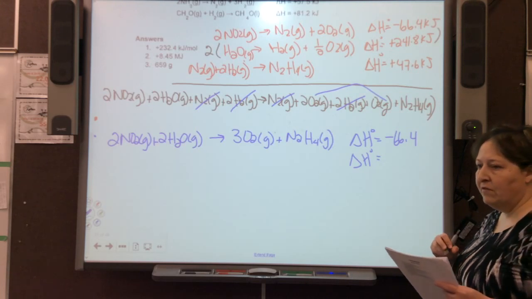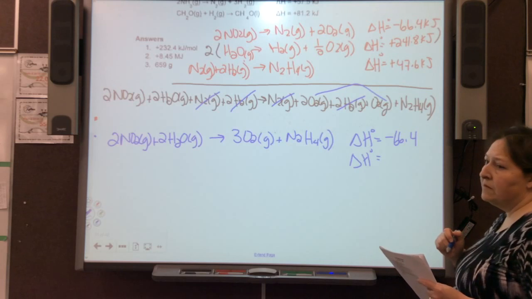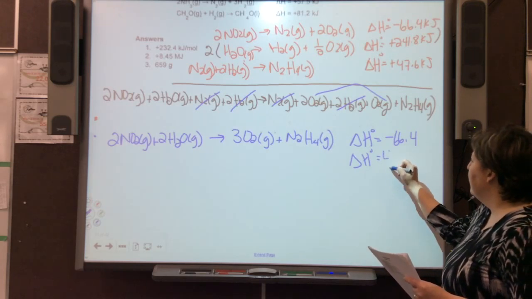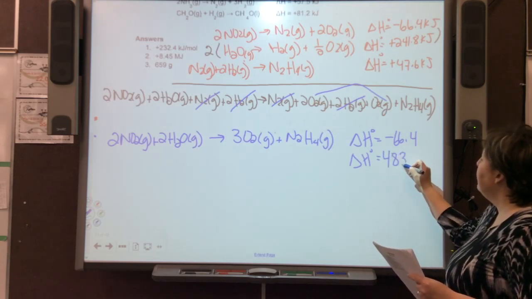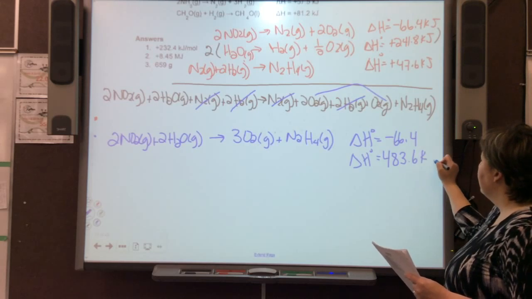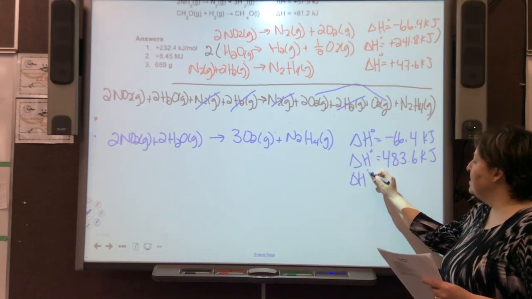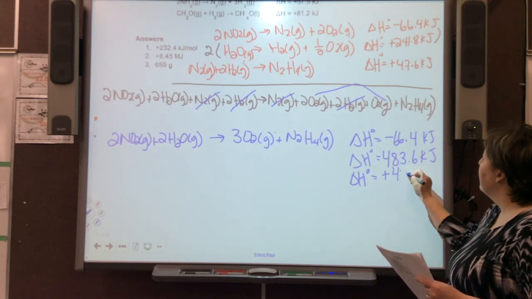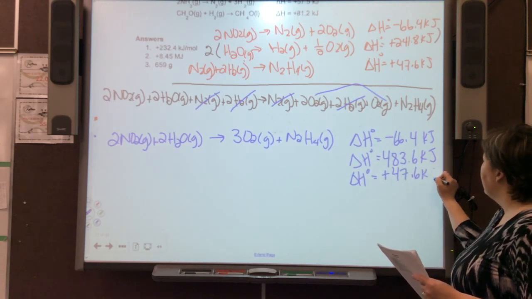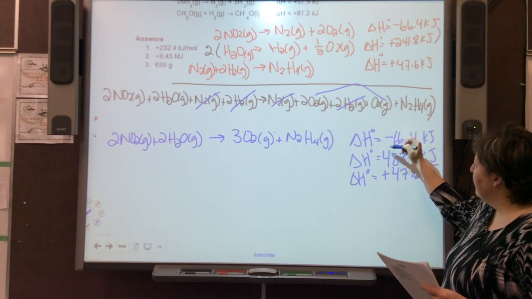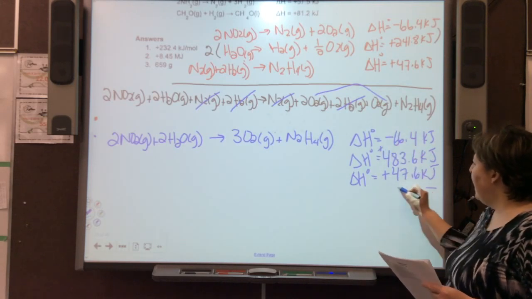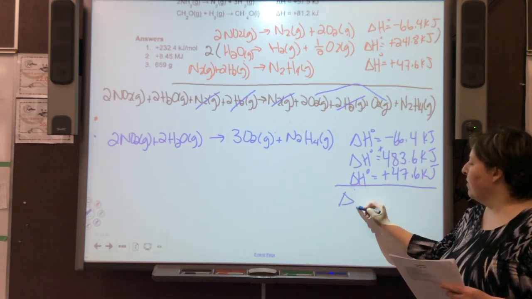What do you get, Sam? 241.8 times 2? And here we have another delta H. So what do we have for an overall value?